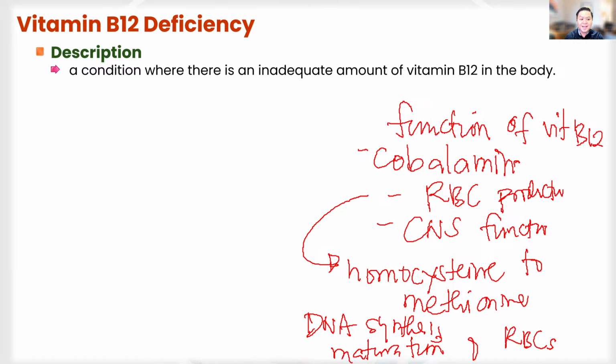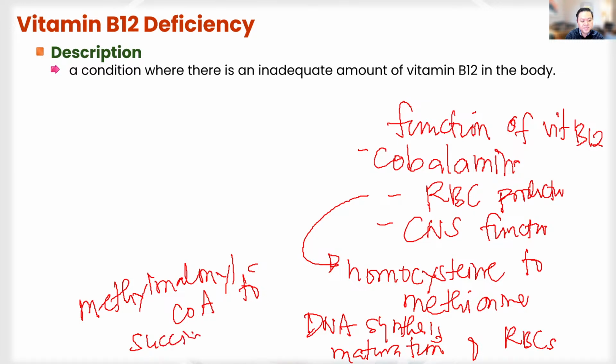Now, another function of the vitamin B12 is to help the conversion of the methylmalonyl coenzyme. Okay, so this is the methyl, another tongue twister, methylmalonyl coenzyme A to succinyl CoA.